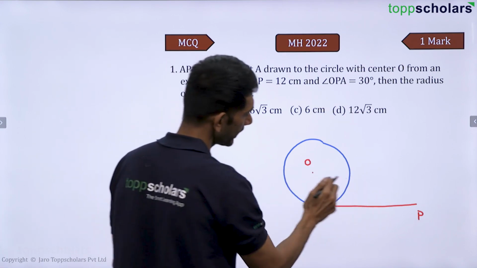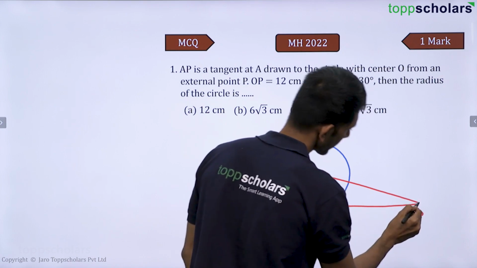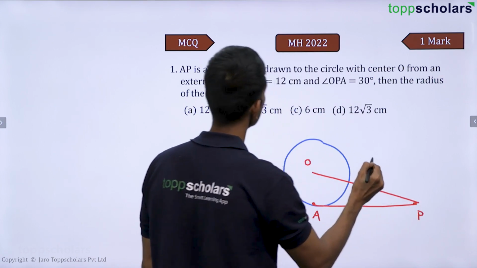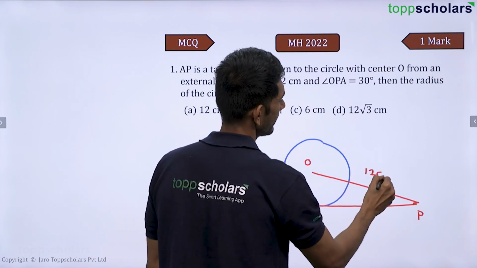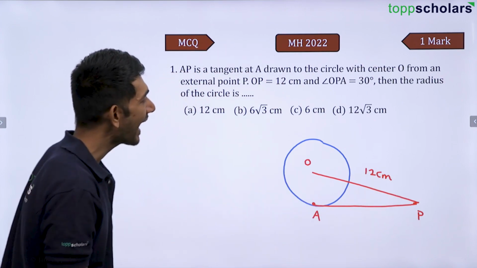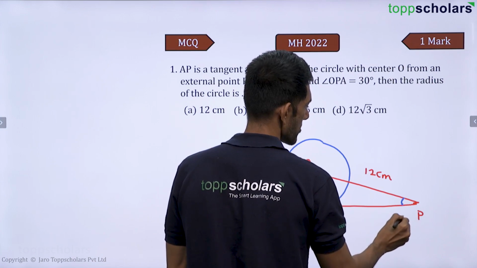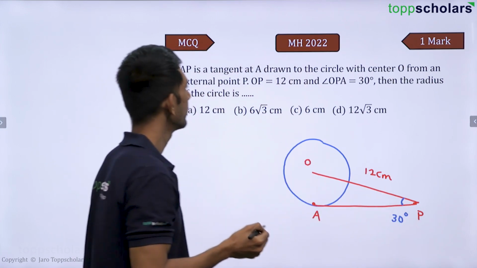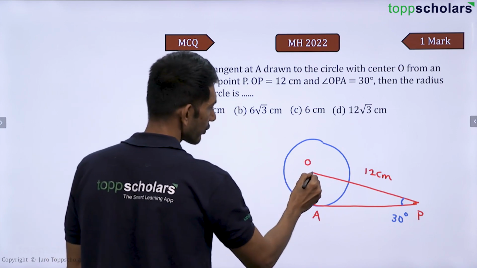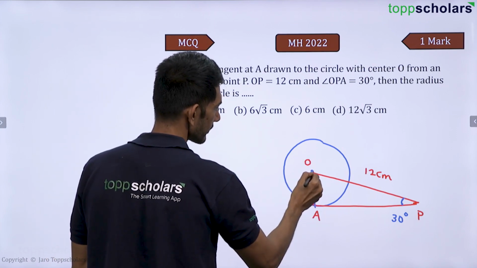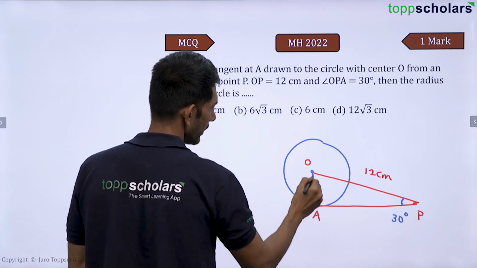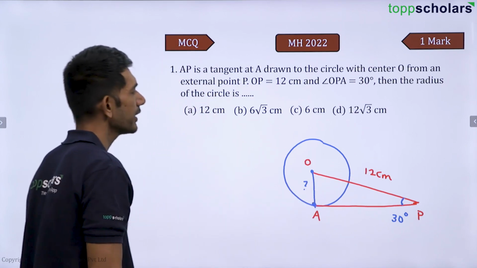So from O to P, this part is 12 centimeter, and angle OPA, this angle, is 30 degrees. We are supposed to find out the radius of the circle.